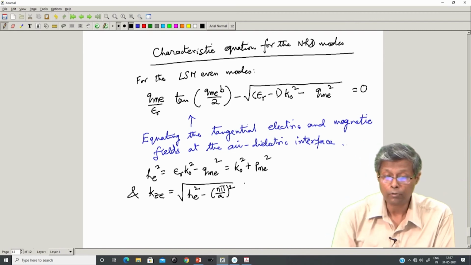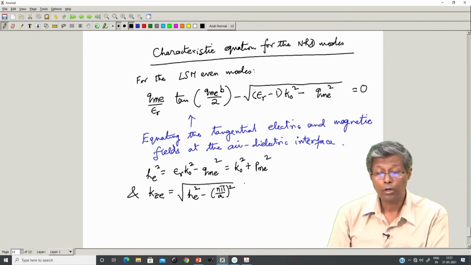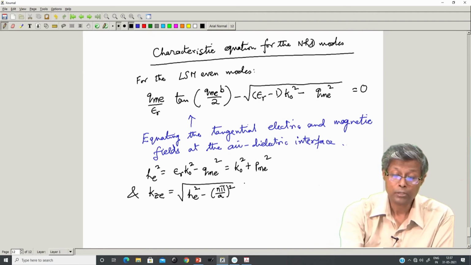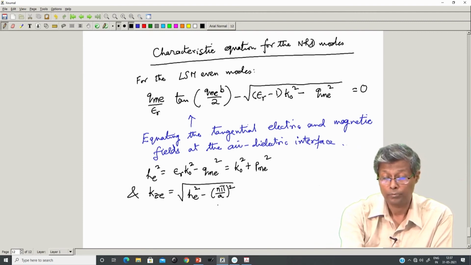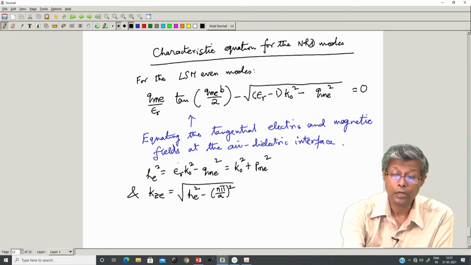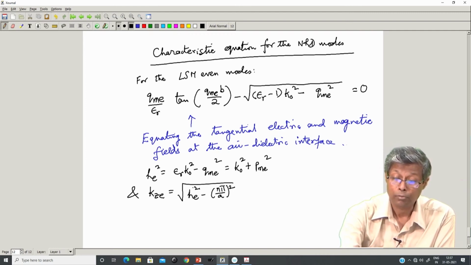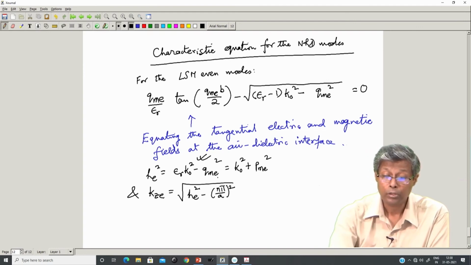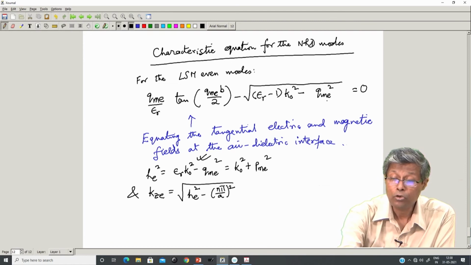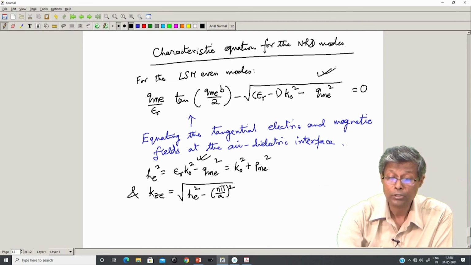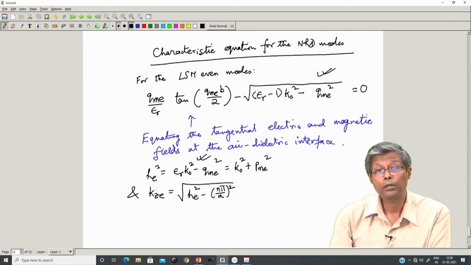So, if you want to find the cutoff frequency for the LSM even mode, we have to set k_ze equal to 0, whence h_e is equal to n pi by a. So, h_e square equal to (n pi by a) whole square will yield the relationship between k 0 square and q_me square. Then we can replace q_me square in this equation by k 0 square and find the cutoff frequency of the LSM even mode.